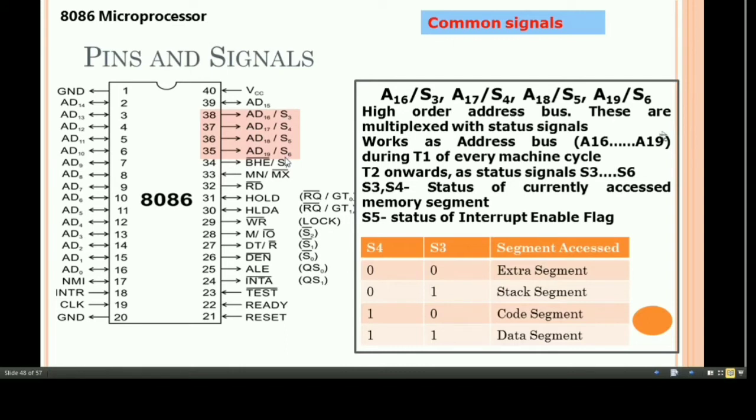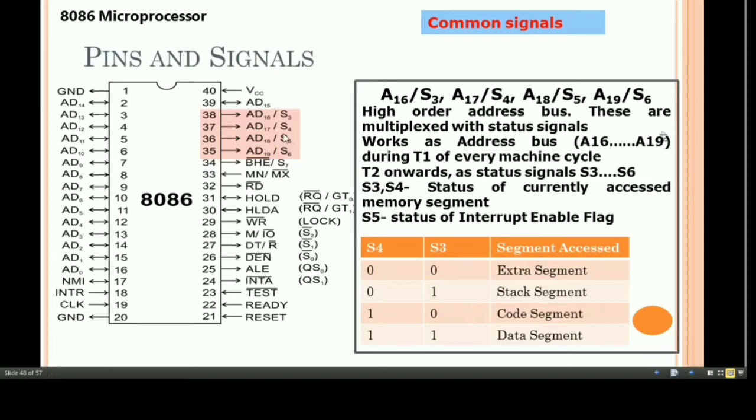So this works as address bus A16 to A19 during the T1 clock cycle of every machine cycle, and during T2 onwards the status signals S3 to S6 are used, means the pins are used for status signals during T2 cycle onwards.